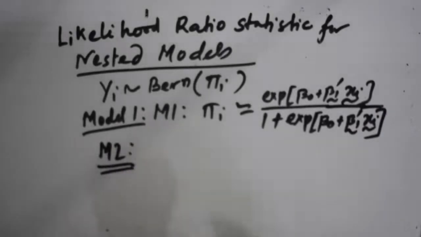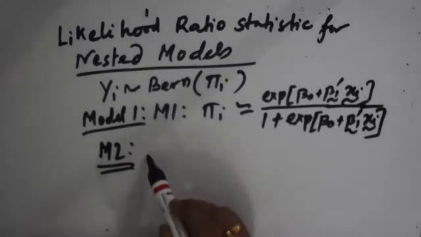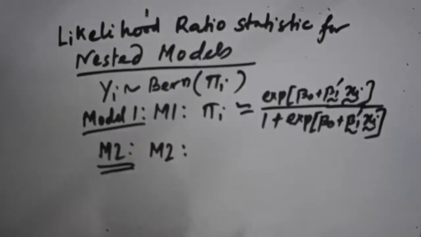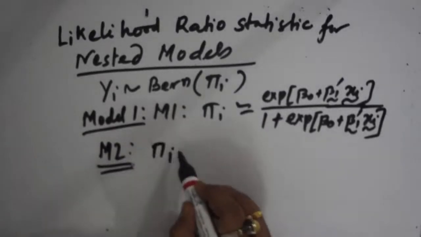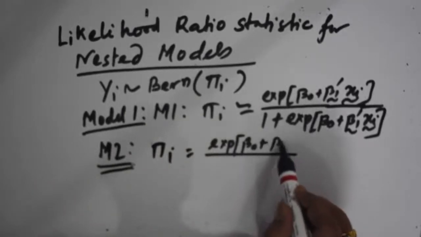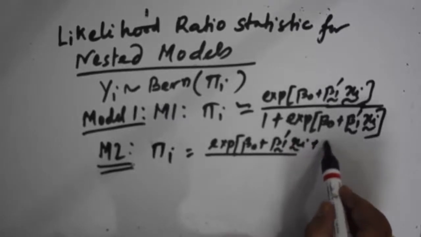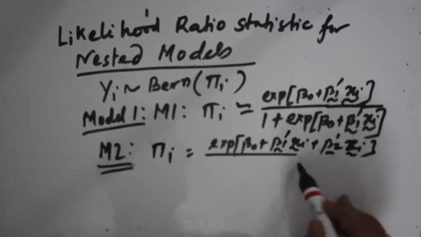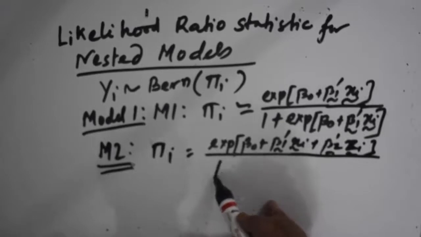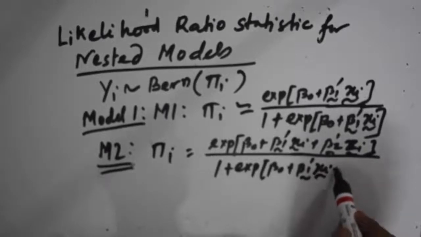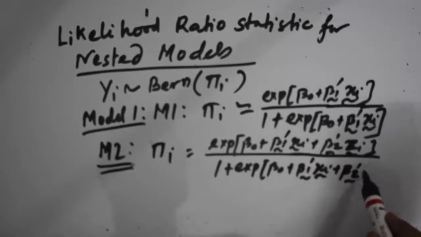Then model 2, which is the bigger model, we denote it by M2, and pi i here equals exp of beta naught plus beta 1 tilde prime xi tilde plus beta 2 tilde prime zi tilde, divided by 1 plus exp of beta naught plus beta 1 tilde prime xi tilde plus beta 2 tilde prime zi tilde.